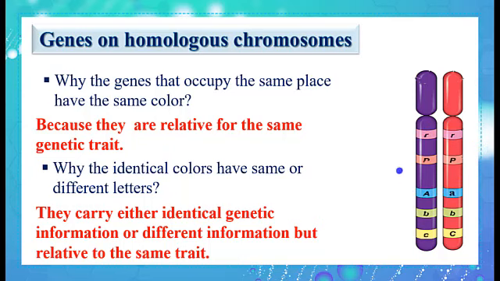If you look at the gene that carries the letter R, we have the same genetic information on both homologous chromosomes. But for letter A, we have one capital and one small letter, so it means we have different genetic information on the two homologous chromosomes.